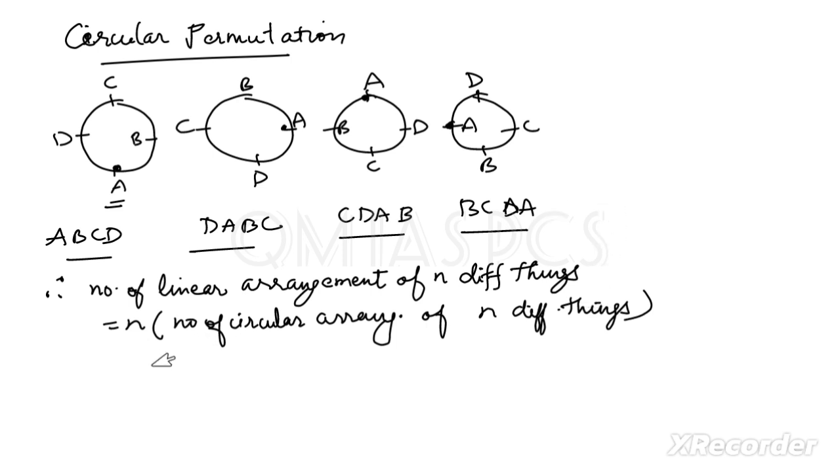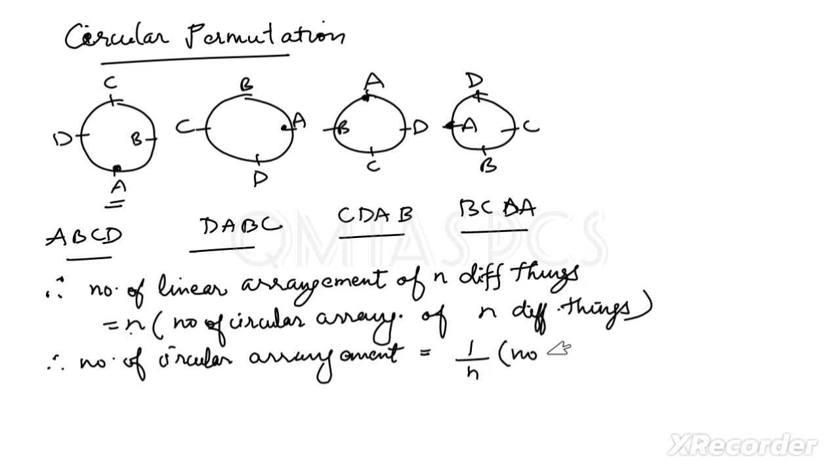Okay, so therefore the number of circular arrangements of n different things will be 1 by n, this n going in the denominator, multiplied by the number of linear arrangements.